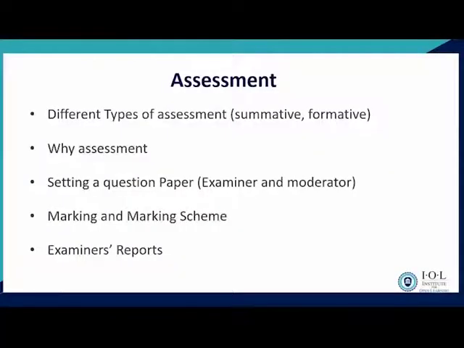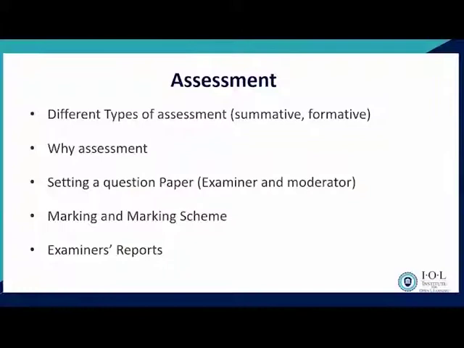So once again, this question was part of your assignment to outline the different roles of the examiner and moderator. So I need you to go through these roles again.